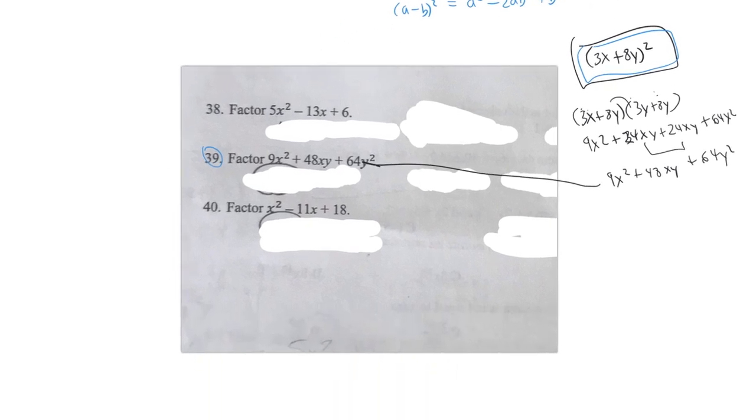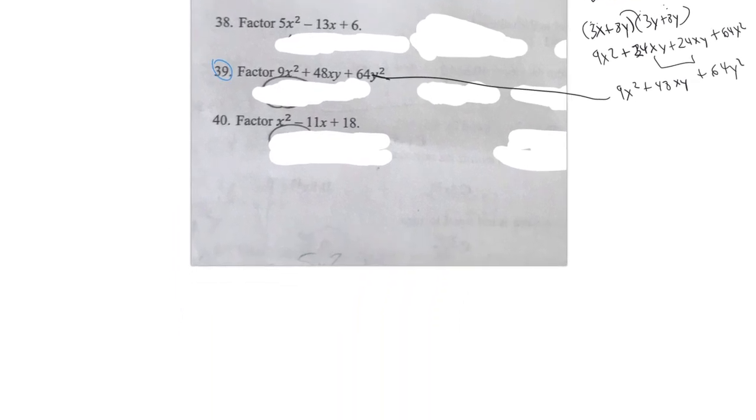Okay. Problem number 40. Factoring that, probably straightforward. We're asking ourselves what two numbers multiply to 18 but add to negative 11. That should be 2 and 9, probably, right?